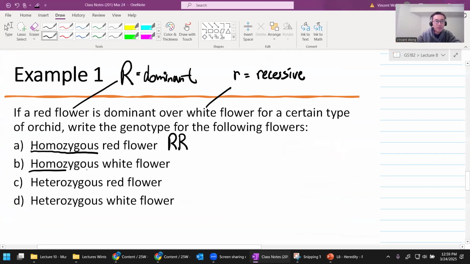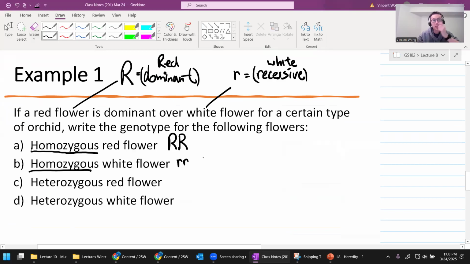Homozygous means the same, and white is little r, little r. I'm sorry, instead of putting just dominant and recessive, I should probably put red here and white here. That's probably better.